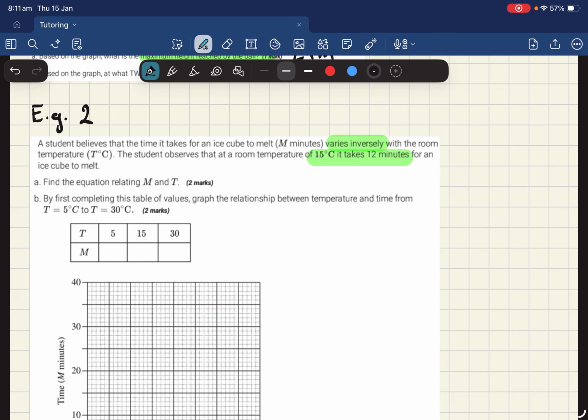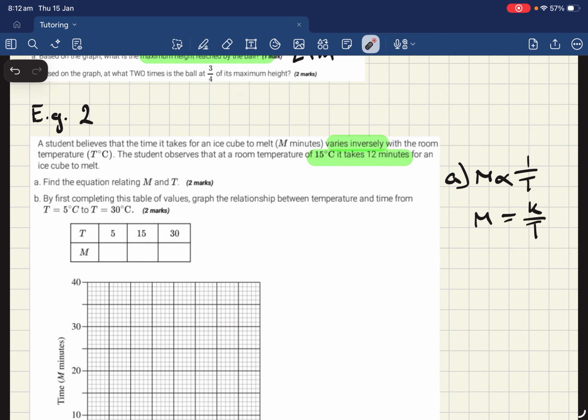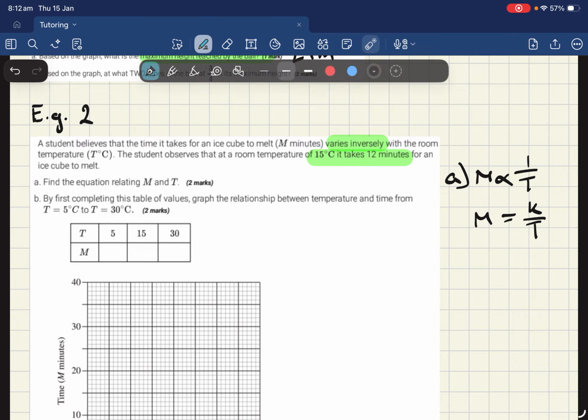So for part A here, we know that it varies inversely. So m is going to vary inversely. Remember, we drew this symbol in the previous video. Anytime it varies inversely, we can set up an equation, m equals k over t, where this k is a constant that we can find using these two bits of information.